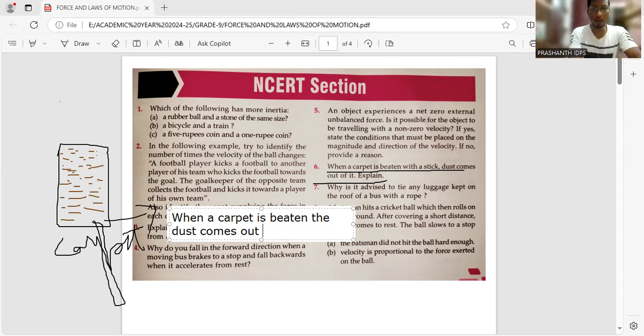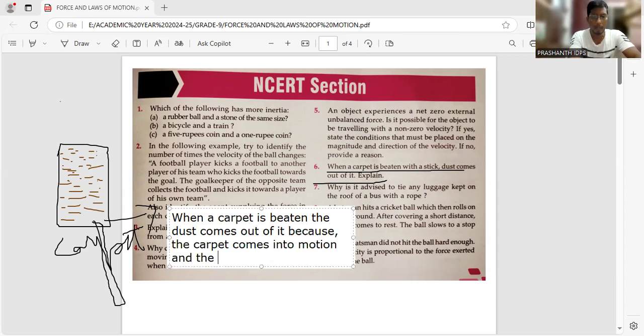The dust comes out of it because the carpet comes into motion, and the dust particles try to resist the change of state, the state of rest.